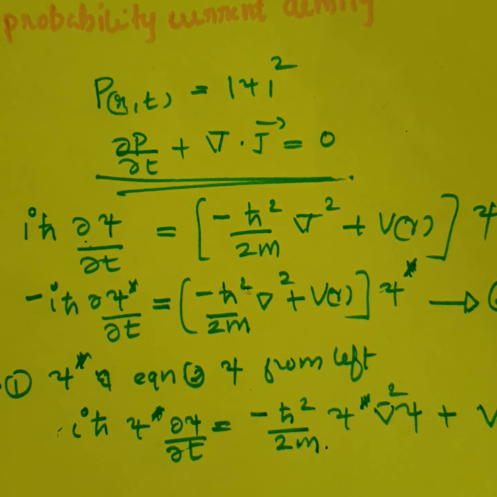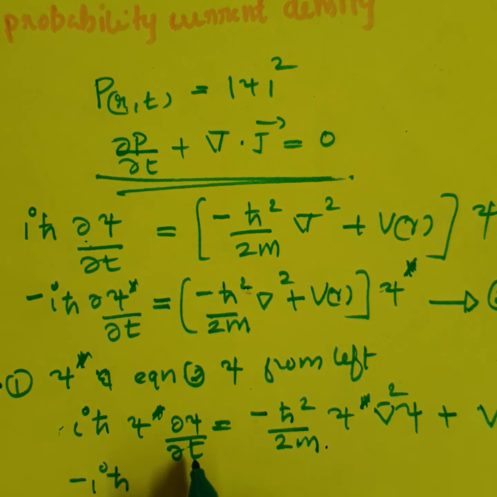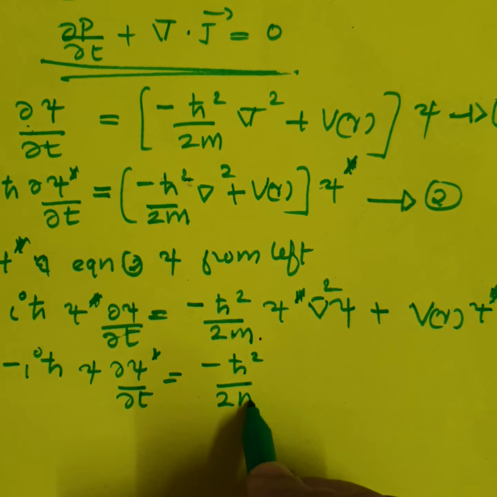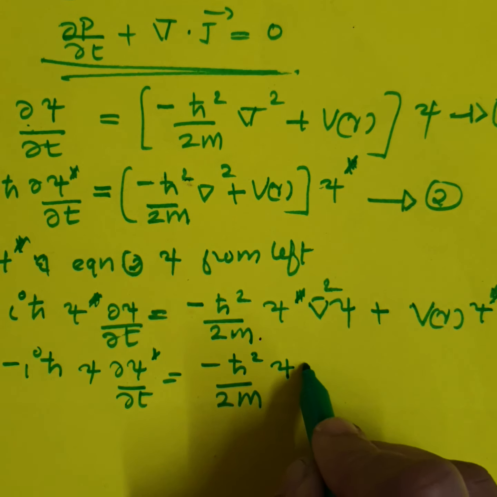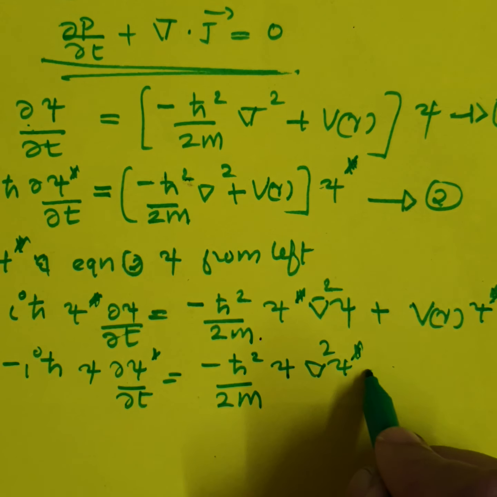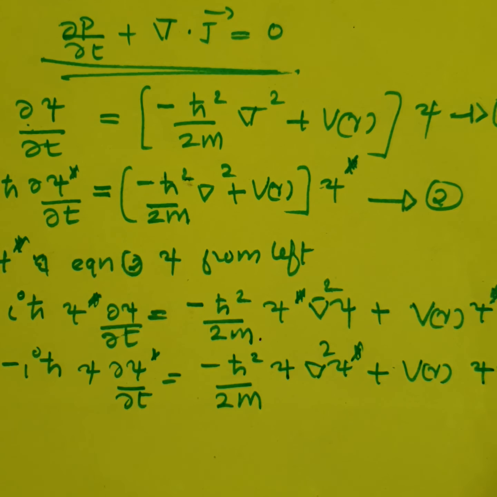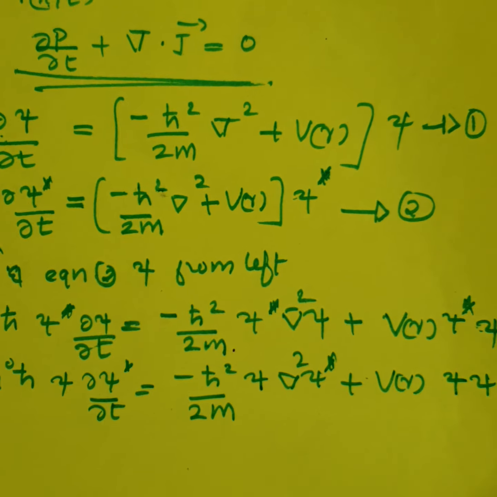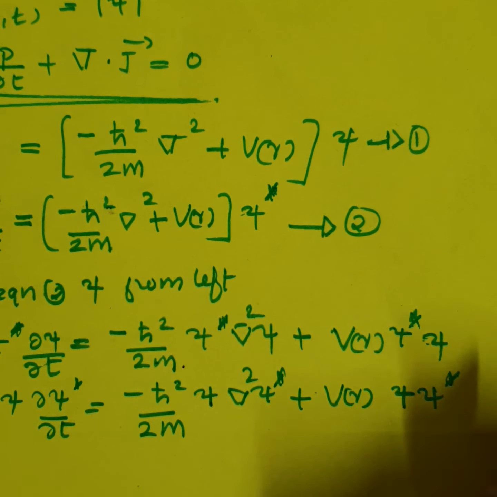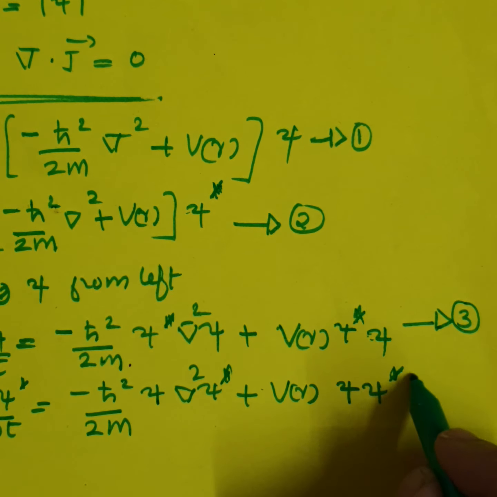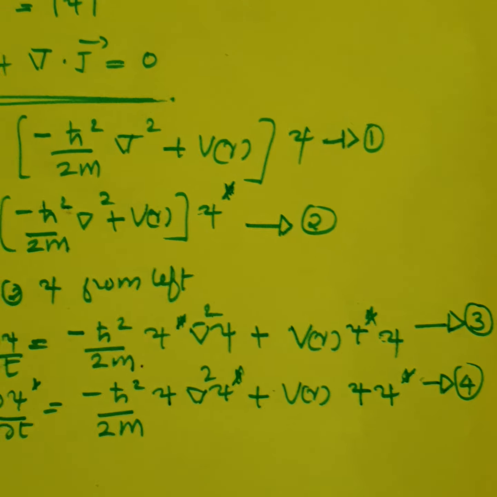Similarly for the second equation, minus iħ ψ ∂ψ*/∂t equals minus ħ²/2m ψ ∇²ψ* plus V ψψ*. These are the two equations; we call this equation 3 and this equation 4.